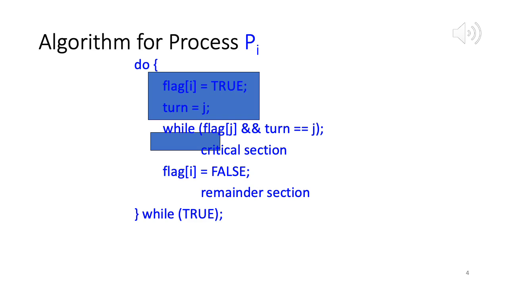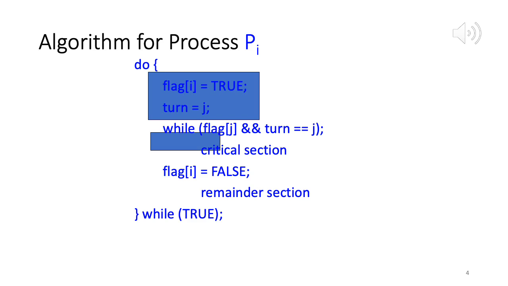Pi is saying, with flag I equal to true, that yes, I am declaring my intention to enter the critical section, and then next it will set turn equal to J, stating that if for Pj flag J is equal to true, then it can go ahead and enter its critical section. Once again we declare our intention to enter the critical section, setting flag as true, and then we give the turn to the other process. That is the entry section.